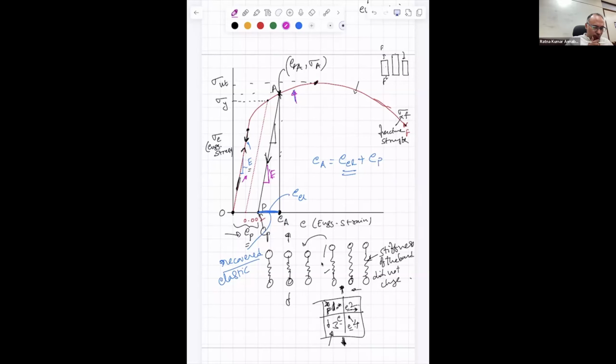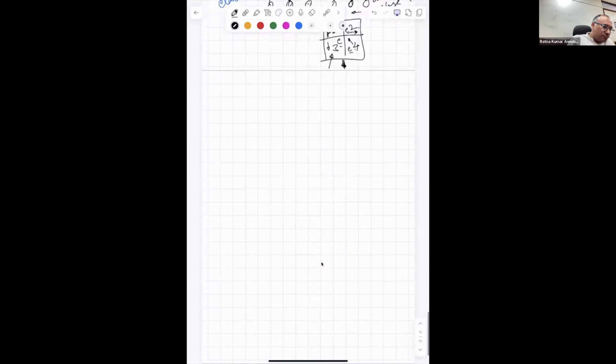Okay. Now, let us try to understand a little bit more detail here. Now, I have taken a specimen. So now let me draw this picture again for you. Another stress strain diagram.